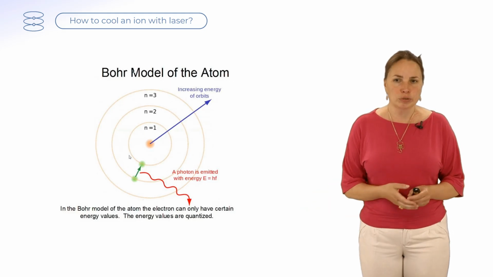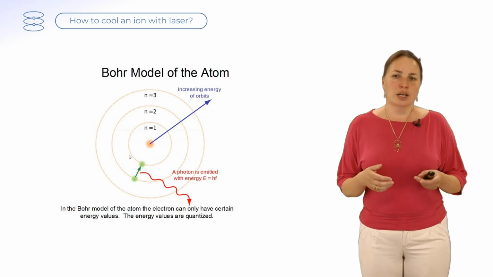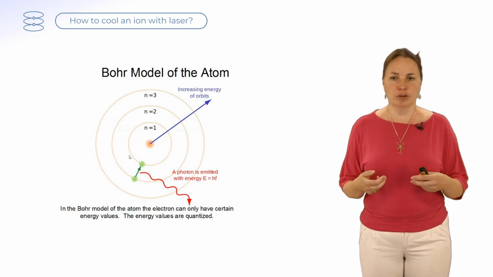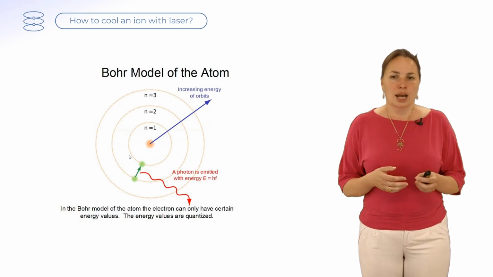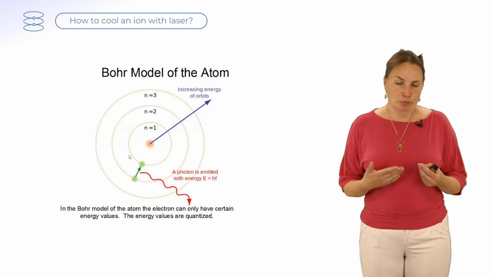Again, we know from school the Bohr model of the atom. In this model, each atom has an electron, and this electron can have only certain energy values. And this energy is quantized. What does it mean?